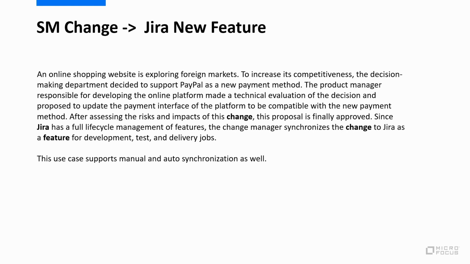After the risk and impact evaluation of this change, the change manager will synchronize the change to Jira as a feature for development, test, and delivery jobs. The use case supports manual and automatic synchronization as well. So those are the three user scenarios.